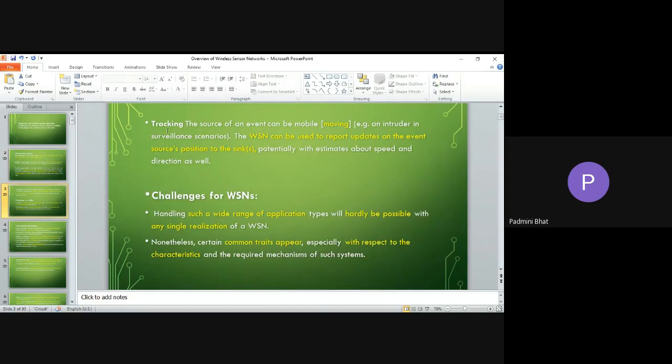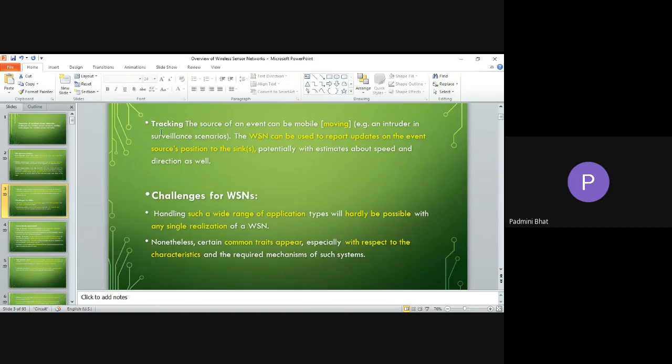Next, for tracking, sensor nodes are used for tracking, that is remote sensing. The source of an event can be mobile or something like that. It can be at the borders, a surveillance scenario, where the sensor continuously needs to monitor whether any moving object is entering within the border.